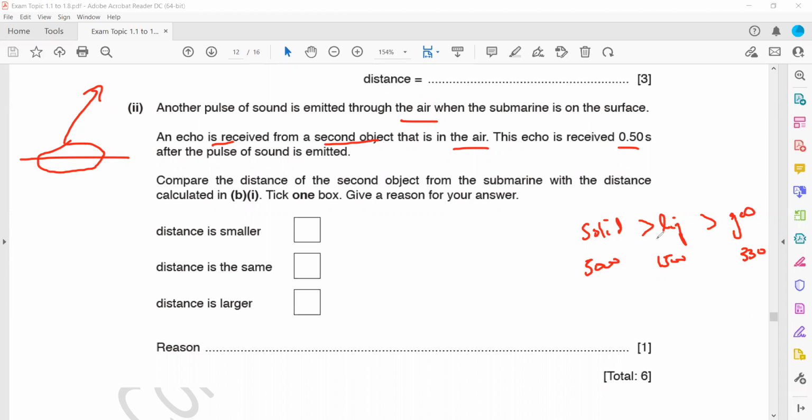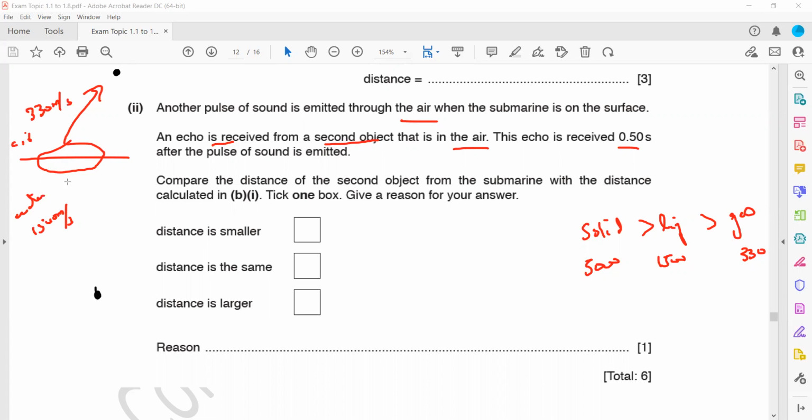The speed of sound is only 330 meter per second in air, and in water it is 1500 meter per second. So there is an object in the water and an object in air.